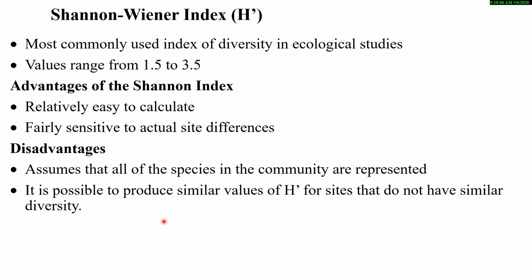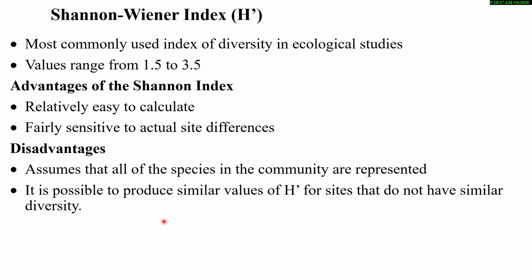What are the advantages of using the Shannon entropy or the Shannon index? First, the Shannon index is relatively easy to calculate. What that means is that it is not computationally demanding. It is easy to compute. Second, it is fairly sensitive to actual site differences. It is very sensitive to site differences.